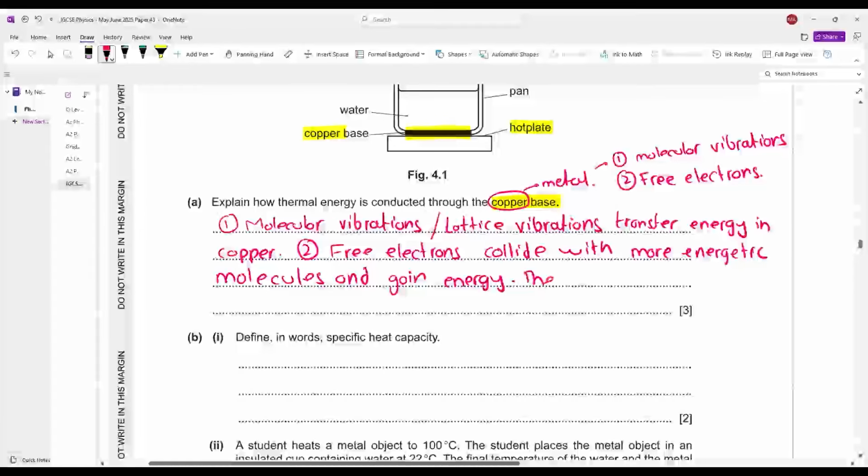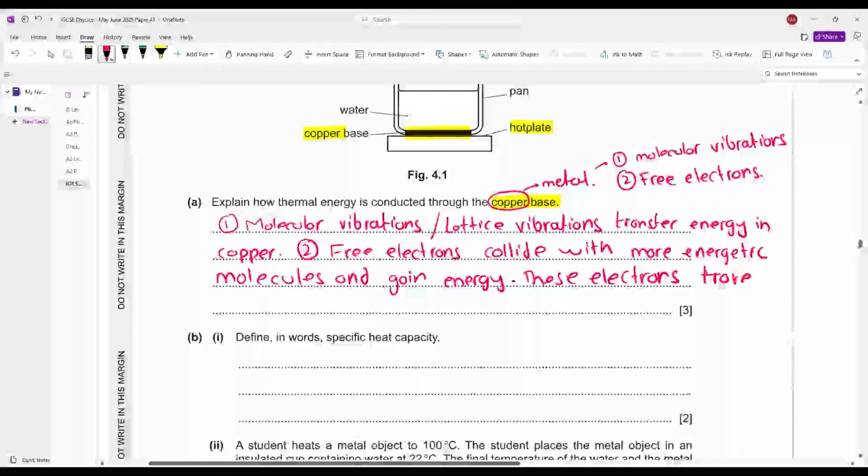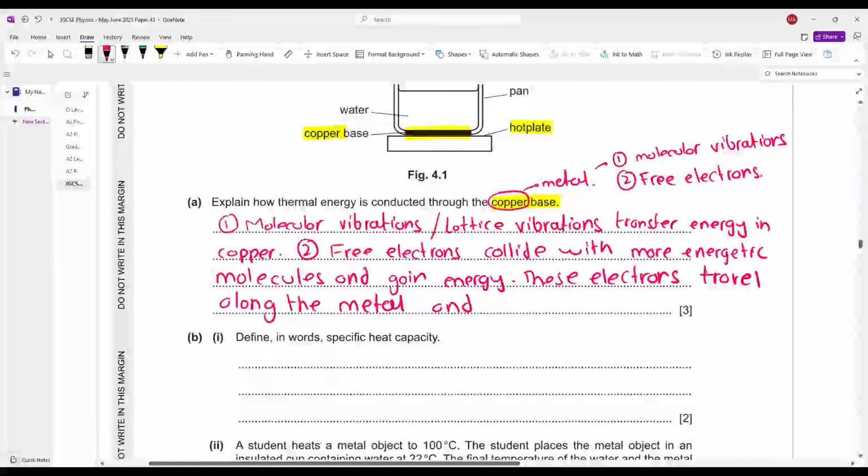These electrons travel along the metal and hit distant molecules to transfer energy. Okay.